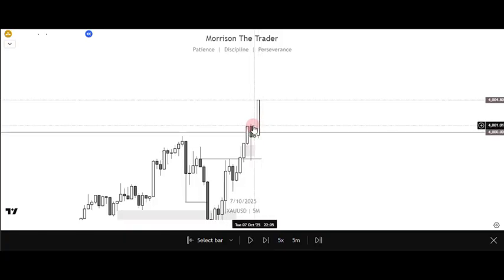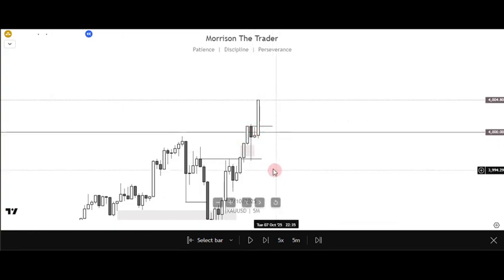Closed over that candle's open too. So you see, this candle's open right here, it got closed over. So now this becomes the order block. This whole candle becomes the order block.